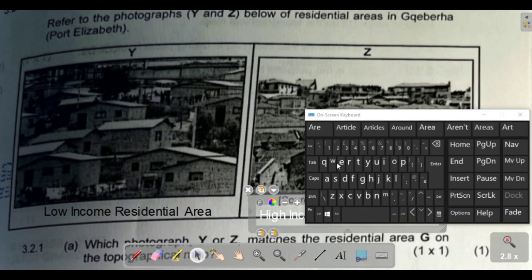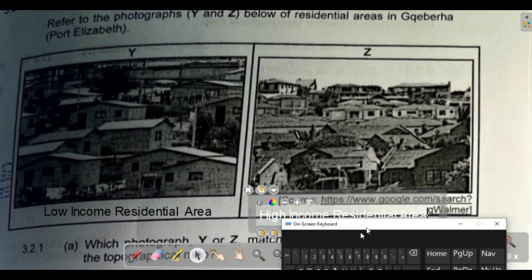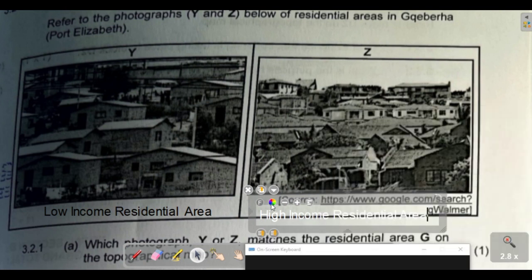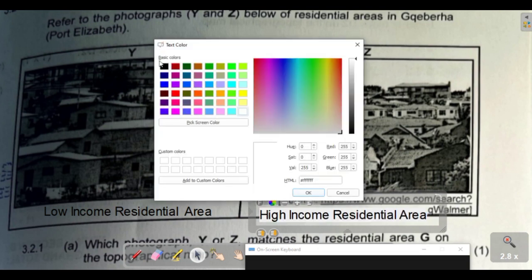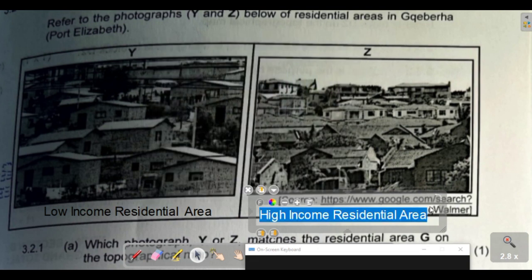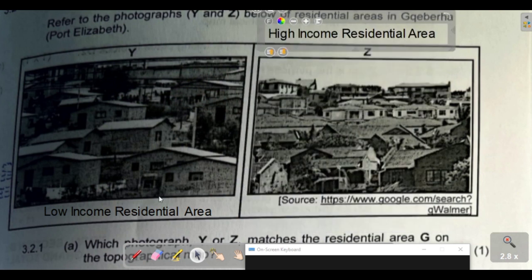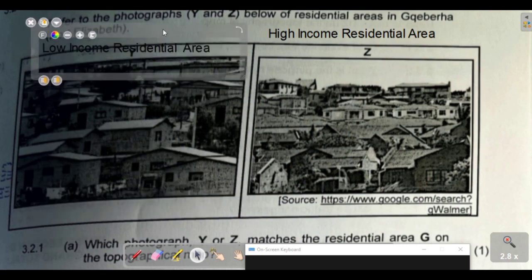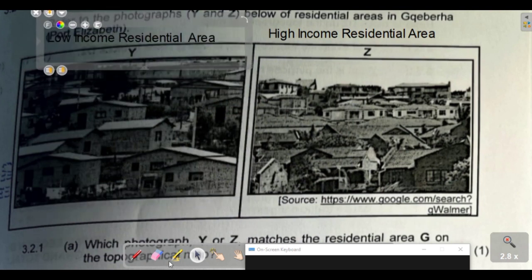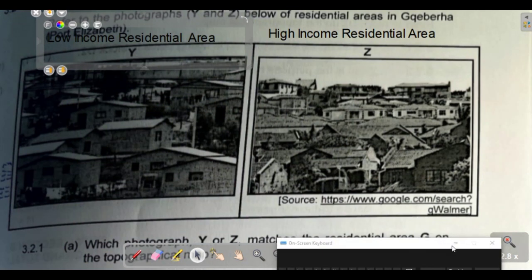Let me know, guys, what did you write down? What did you interpret these as? Were you able to see that this is low income and this is high income residential area? Let me put them right here, at the top. There we go. And let's zoom out.